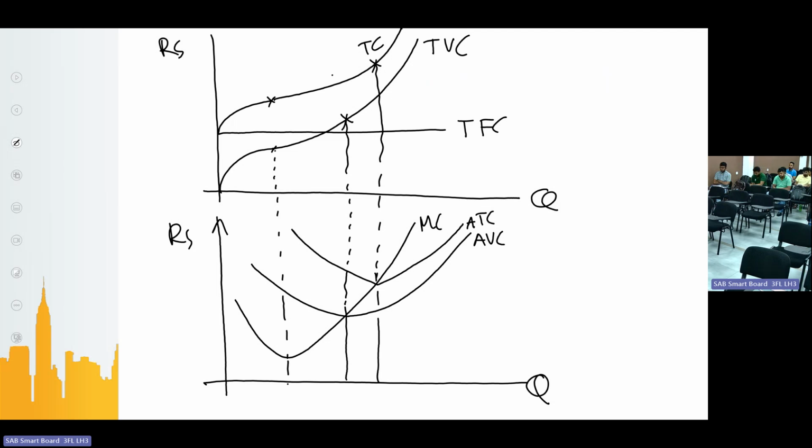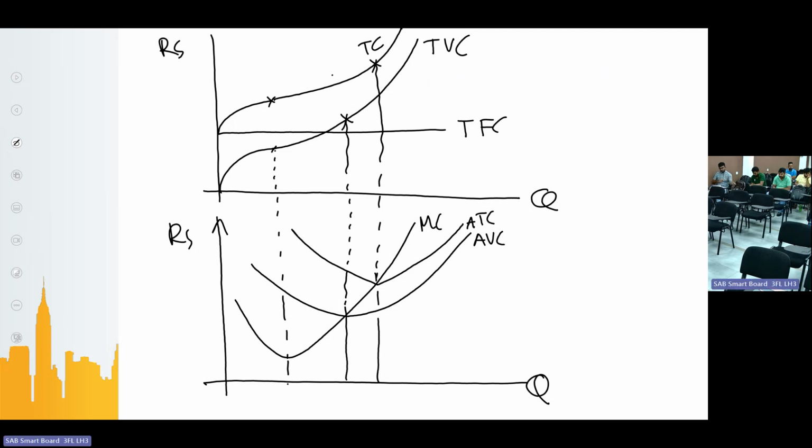That is the behavior of the production curve in the short run. The opposite behavior is there with cost curves. Initially increases at a decreasing rate, and then after a specific point, it starts to increase at an increasing rate.